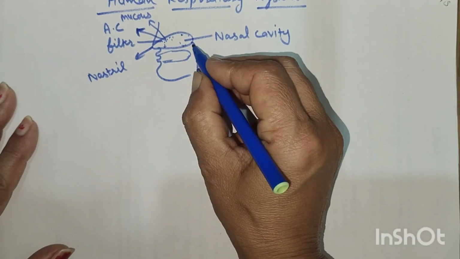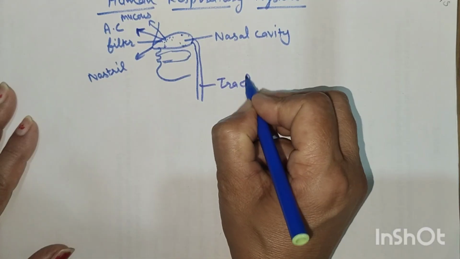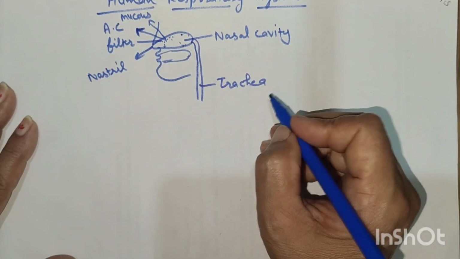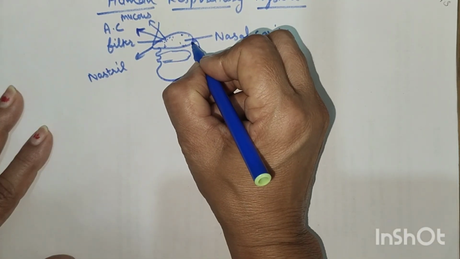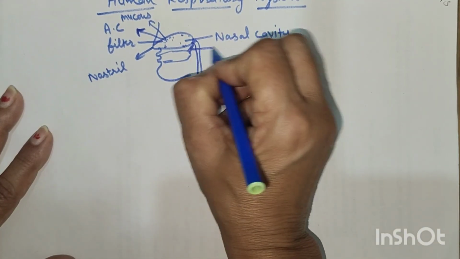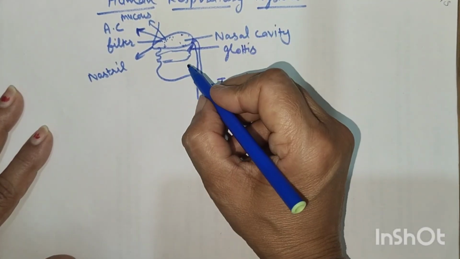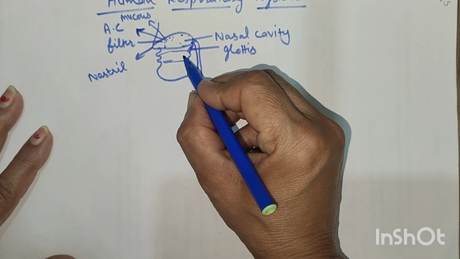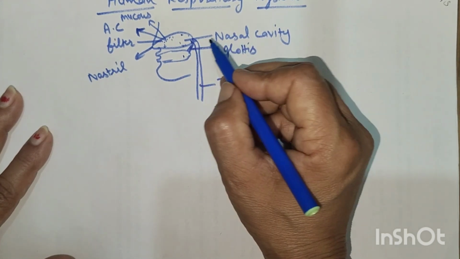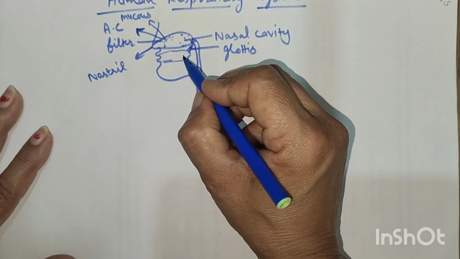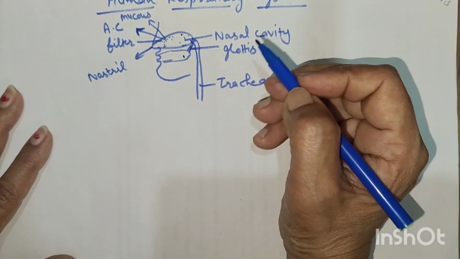Now, this is called the trachea. Here is a flap-like structure called the glottis. When we take food, it closes the windpipe, and when we respire, it closes the food pipe or the buccal cavity.